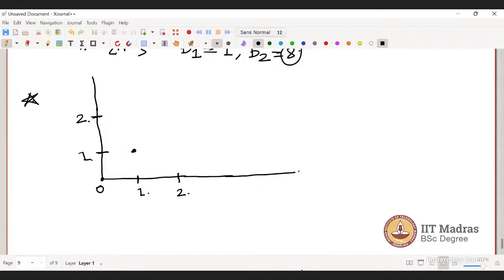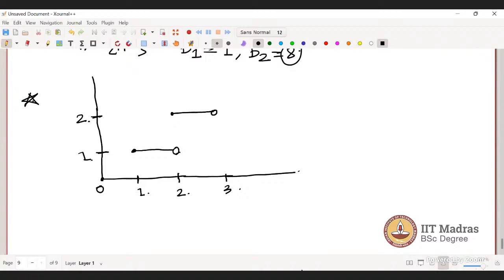So at 1, the value of the function is 1. 1 is included. So this is 3. At point 2, the value of the function is 2.